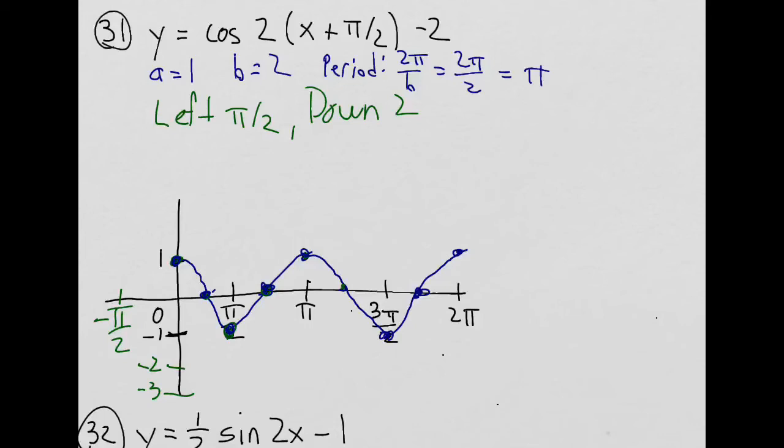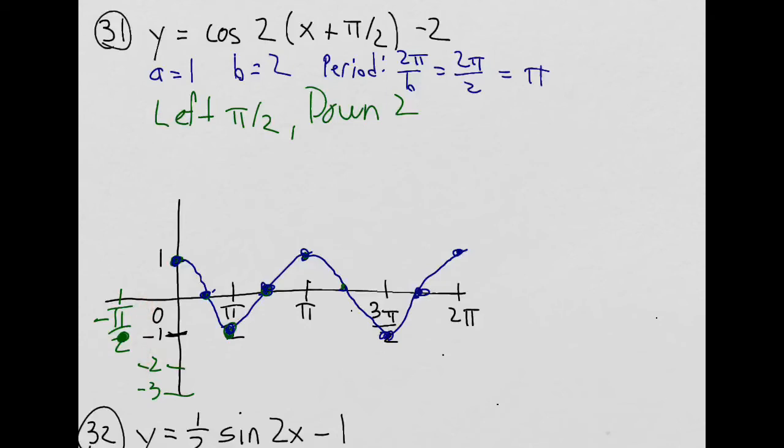So we'll start with this first point right here, right? If I go left pi over 2, I go to there, and then I go down 2. So the point will go right there. There's a dot right there. And you can do the same for all of the dots. So at this point right here, go left pi over 2, which is right there, go down 2.